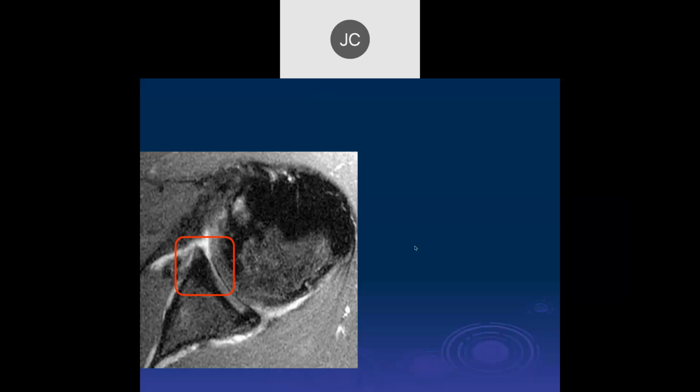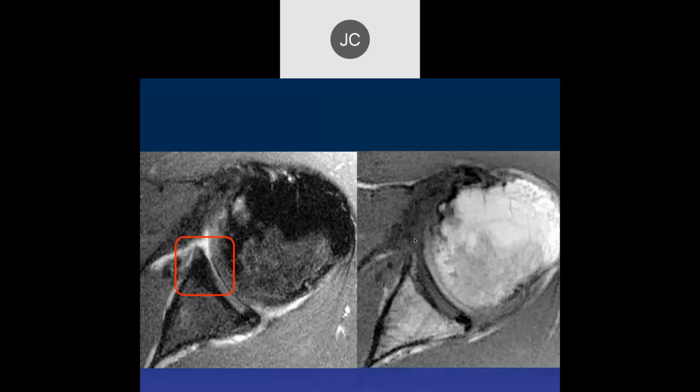This is a PD non-fat-suppressed image, and over and over again this year, I will say that it's really important to look at the images where you have fat. I don't understand why some radiologists will get all fat-suppressed images, because the best contrast agent we have isn't gadolinium. For the musculoskeletal system, the best contrast agent we have is fat.